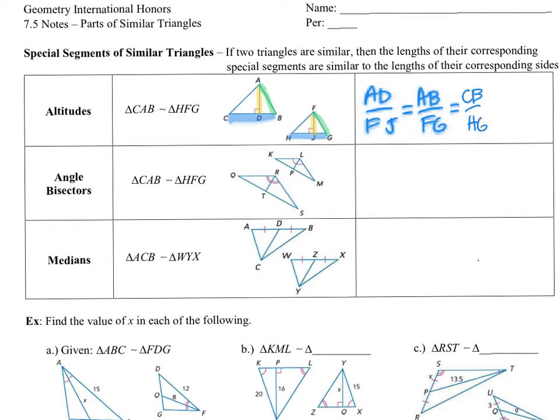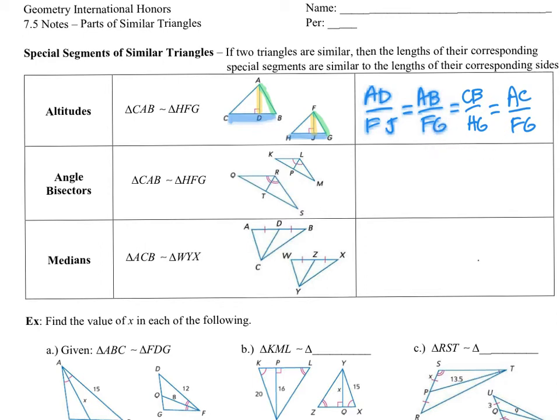And then that ratio is equal to the ratio of the unmarked sides, and that would be AC to FG. All right, so if we have two triangles that are similar, then the ratio of their altitudes would be equal to the ratio of any two corresponding sides.